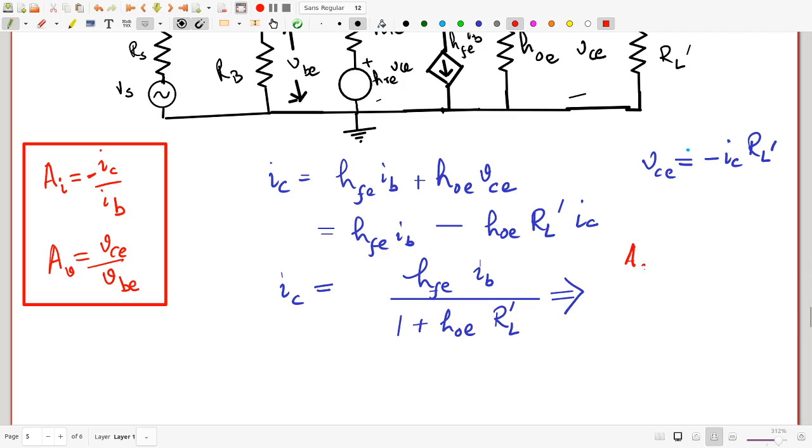This is one of the results that we wanted. Minus IC by IB is simply minus HFE by 1 plus HOE RL prime. Well, that was not too difficult, right?